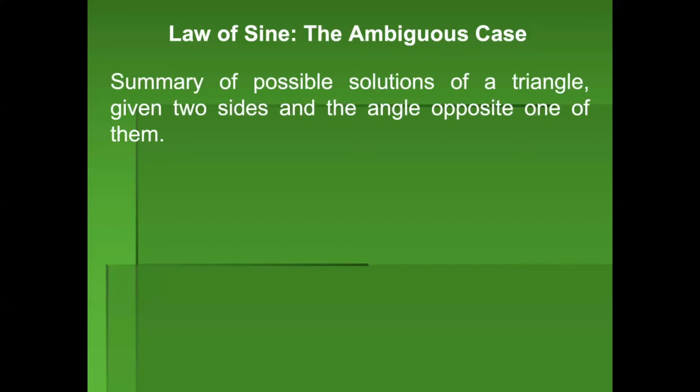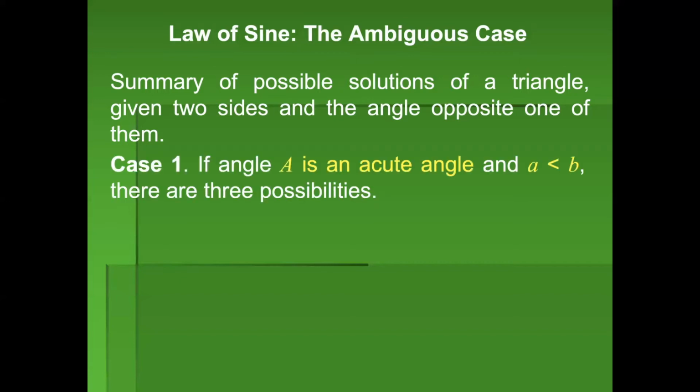Here is the summary of possible solutions of a triangle, given two sides and an angle opposite one of them. There are three cases that we are going to discuss here. In the first case, the given angle is an acute angle, and a is less than b.